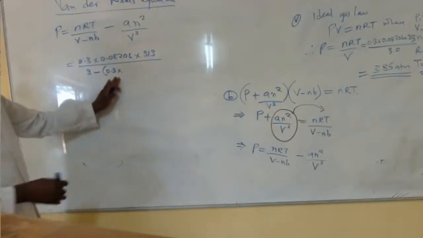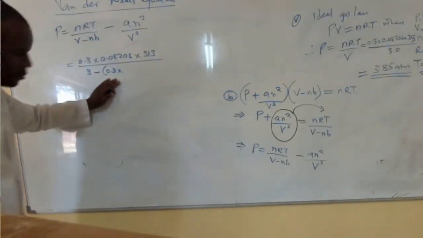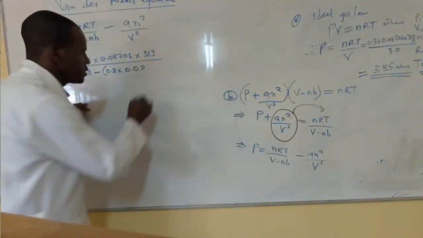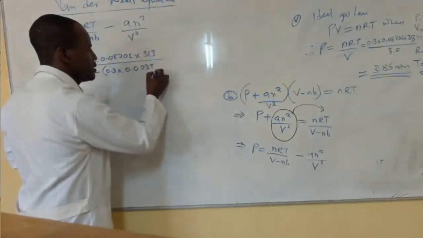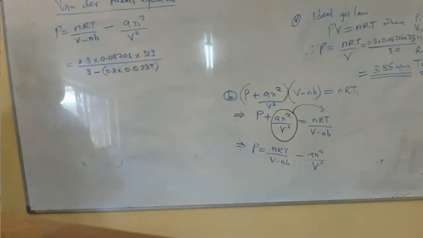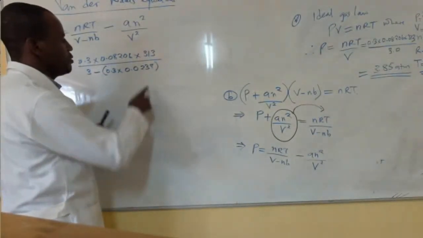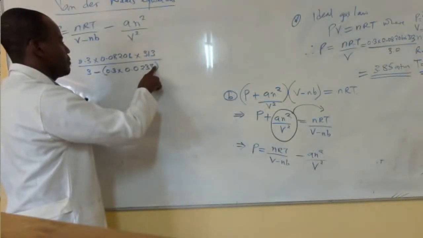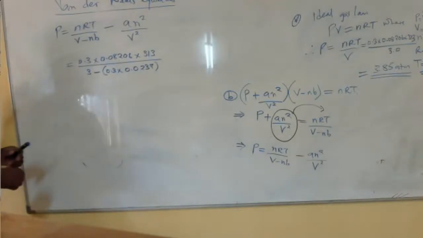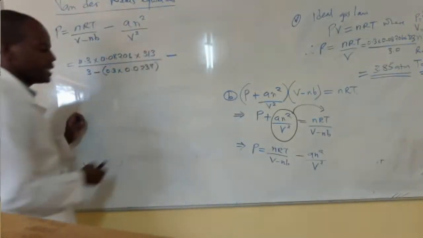the value of b which we've been given. So the b was 0.0237, that is liters per mole. Since this is liters per mole, the moles will cancel, and then minus, so we have minus there.